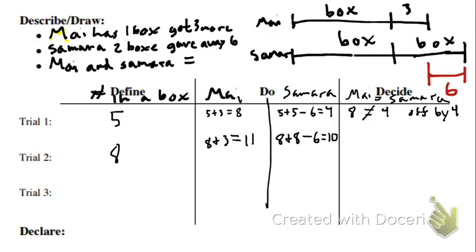So now does 11 equal 10? No, but now I'm only off by a 1. So I definitely got closer there. So 8 is definitely closer than 5 would be.